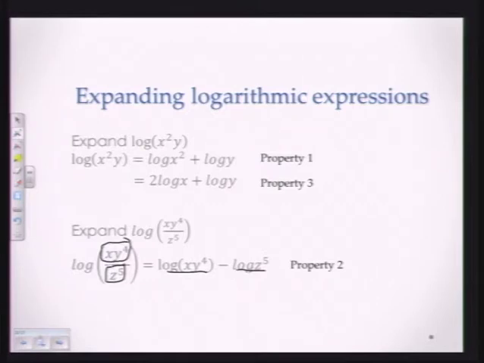Now I can use properties 3 and 1 again to further expand this into the common log of x plus the common log of y to the 4th, but I can pull the 4 out in front, and then I can pull the 5 out in front by property 3. And so by properties 1 and 3, we get our final answer, the common log of x plus 4 common log y minus 5 common log z.